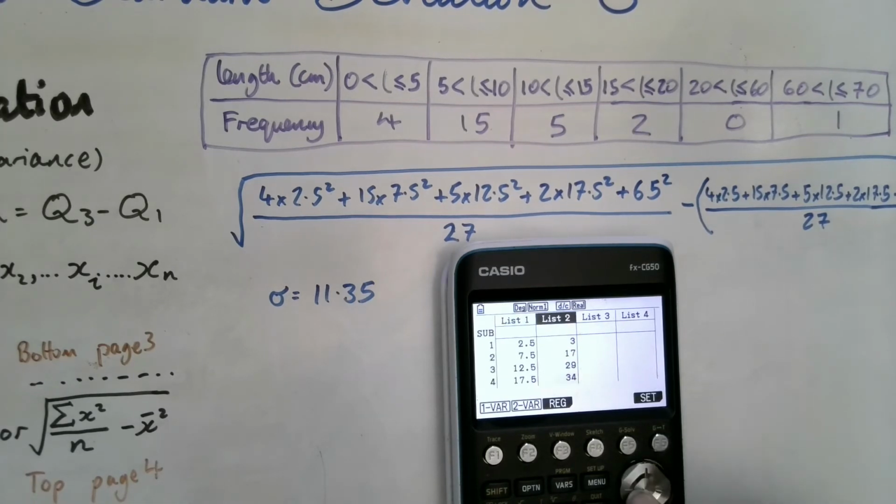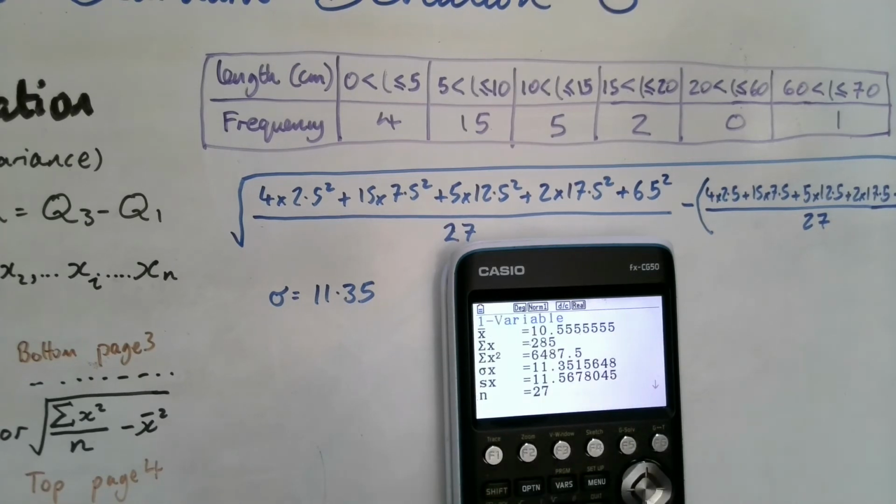And go back up to the top here, and let's get the frequencies in: 4, 15, 5, 2, and 1. Now if I hit 1 var, there we go, we've got our standard deviation being that.